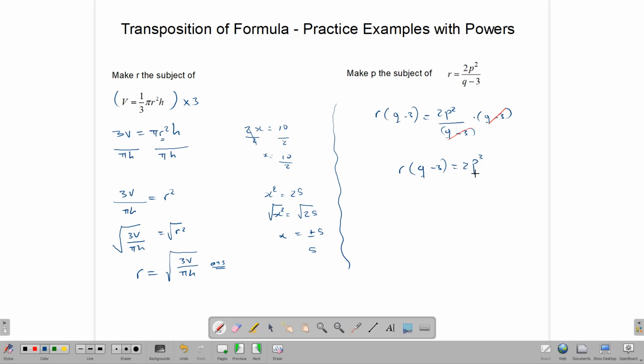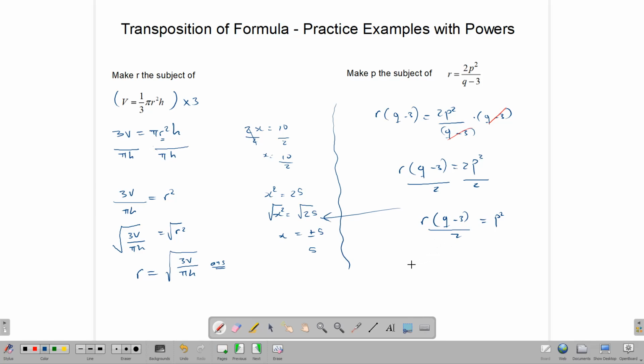But we do need to get rid of this 2. So we need to divide both sides by 2. Dividing by 2 gives us r bracket q minus 3 over 2 is equal to p squared. And now since we have our p squared, we can apply this idea of finding the square roots of both sides.